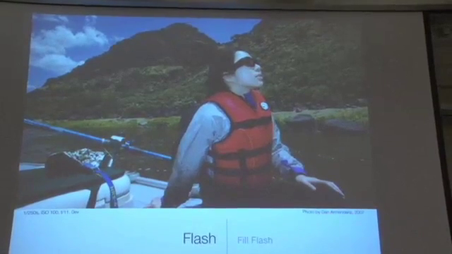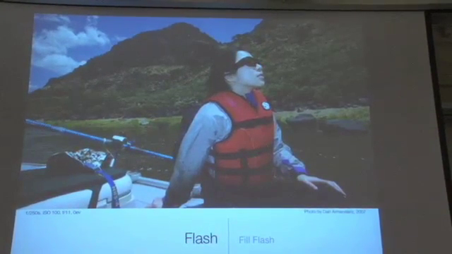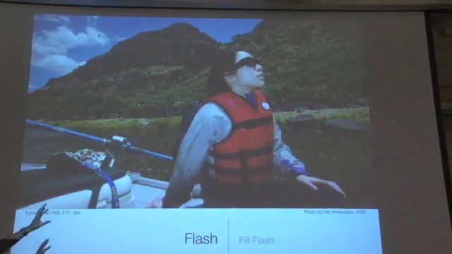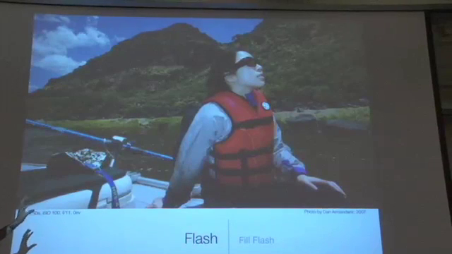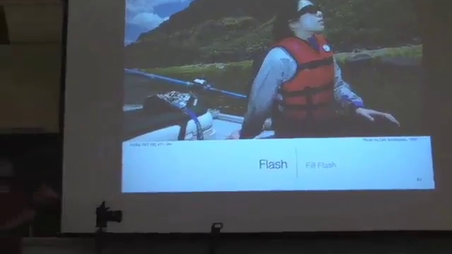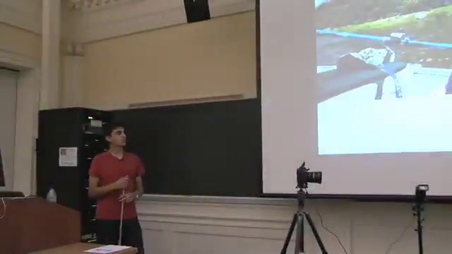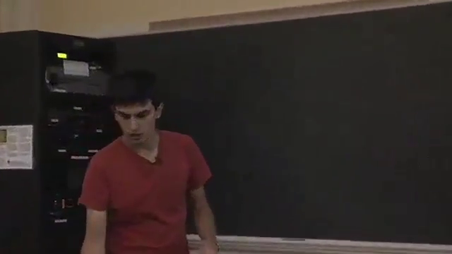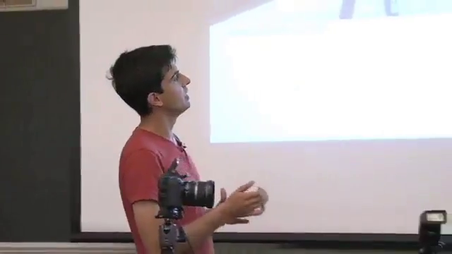And remember here, of course, that you have to be careful with light falloff, because the subject does have to be within a certain range in order for you to provide enough light to fill the darker regions with fill flash appropriately.